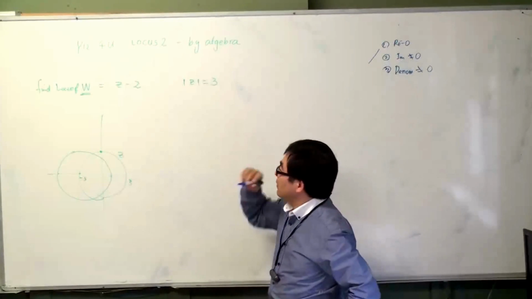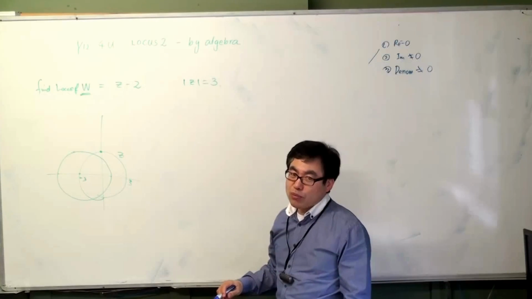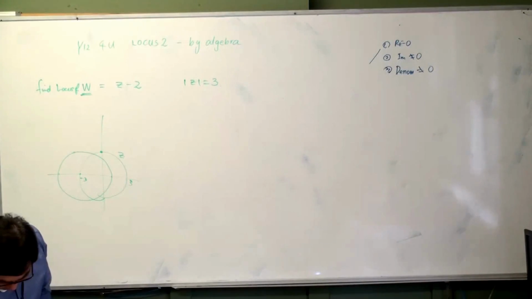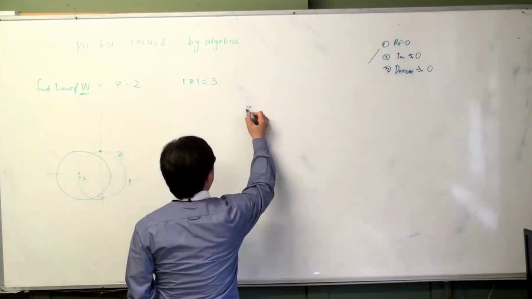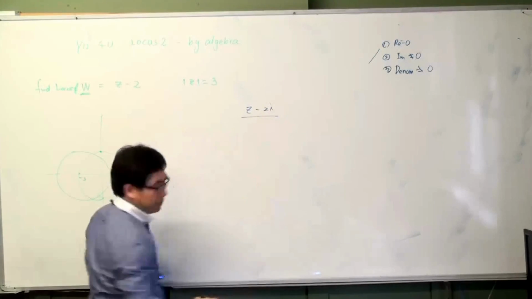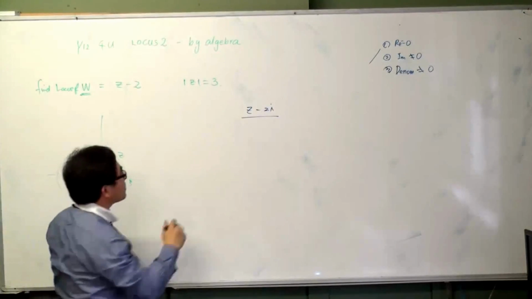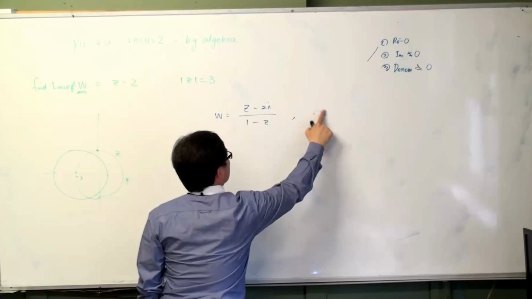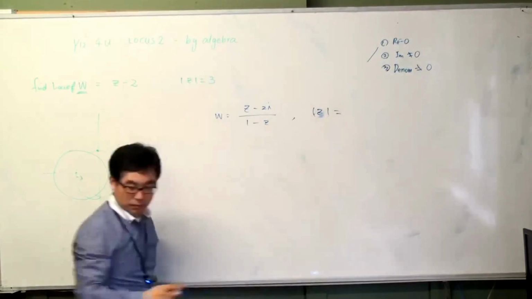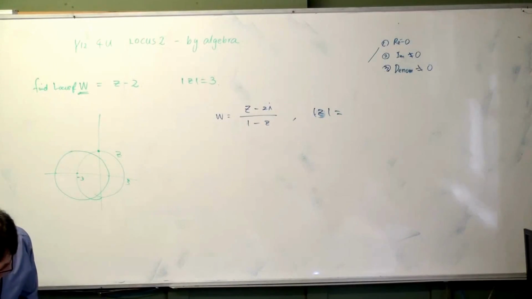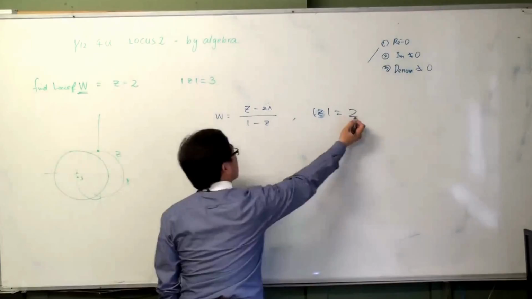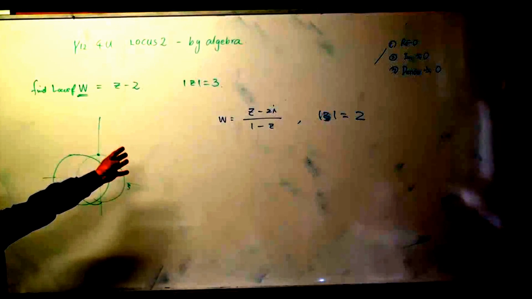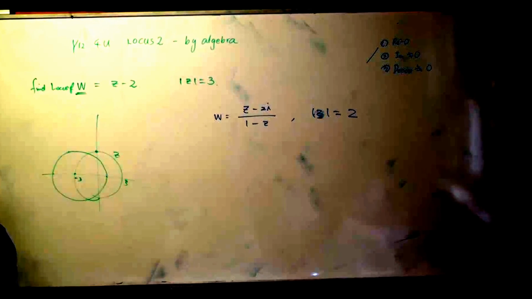But what about when it is a little bit more complicated, such that you can't imagine anymore? Because it's so complicated, you have to use a more algebraic method.